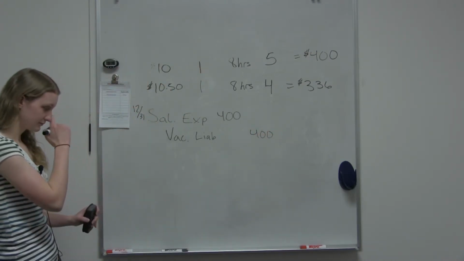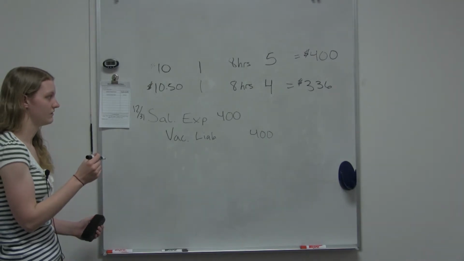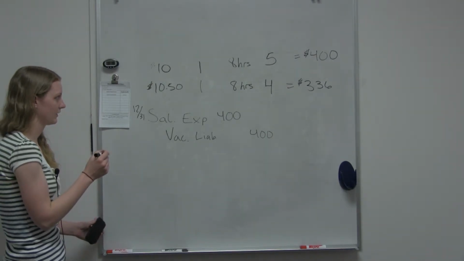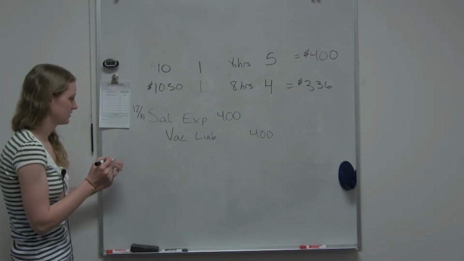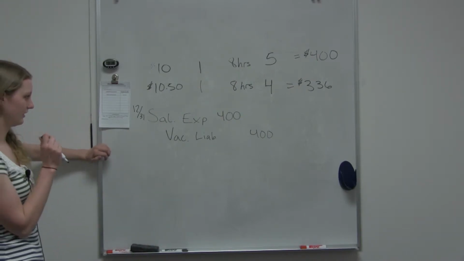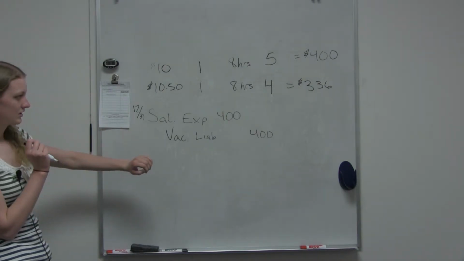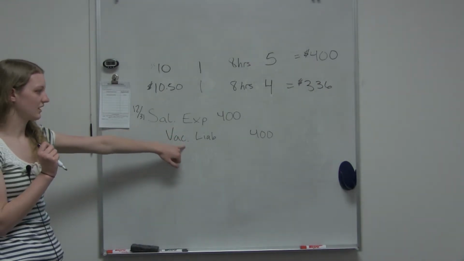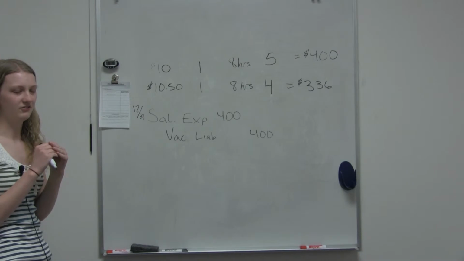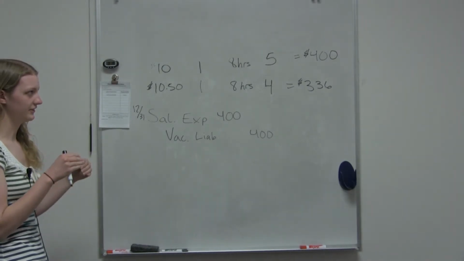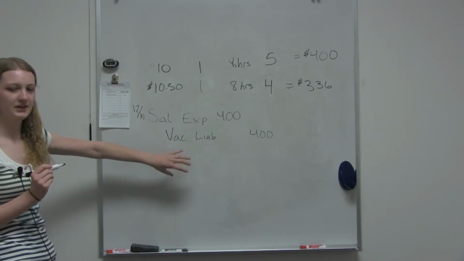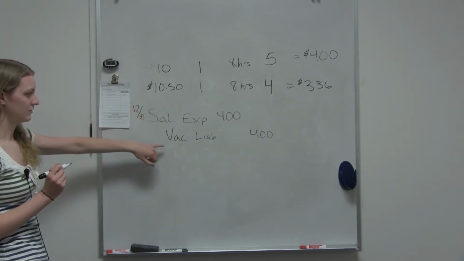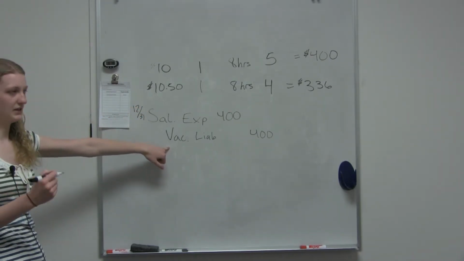And then for this next year, basically this liability is keeping track of how many vacation days they have in their account. And so we're trying to decrease this account by paying it off.